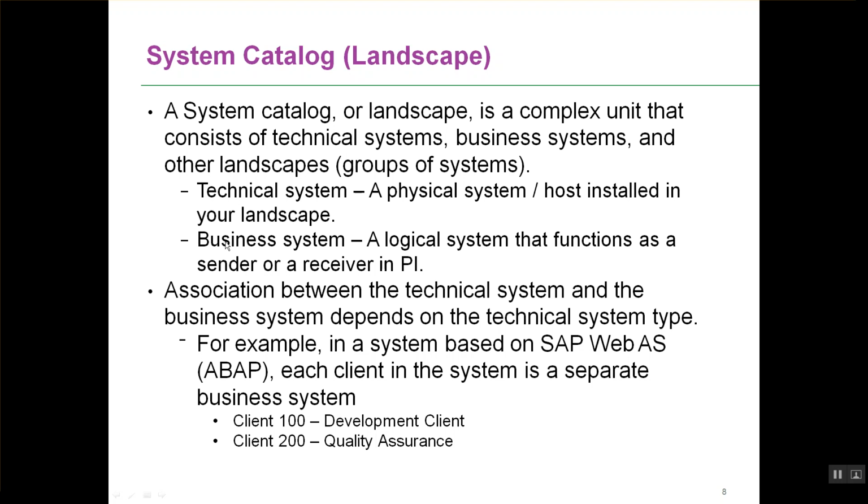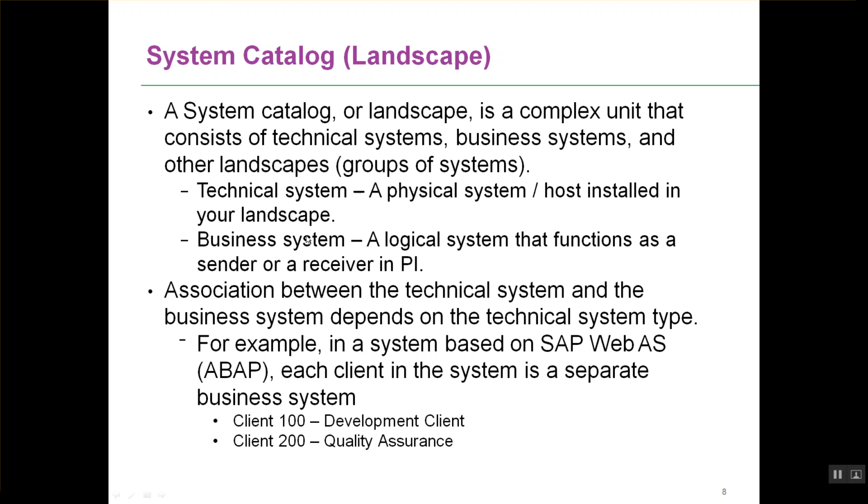A business system is nothing but a logical system that functions as a sender or a receiver in PI. What that means is, for each technical system, you can define one or multiple business systems. Within the PI layer, within the PI Integration Directory, you will use what we call a business system. So it is just a logical wrapper to your technical system.